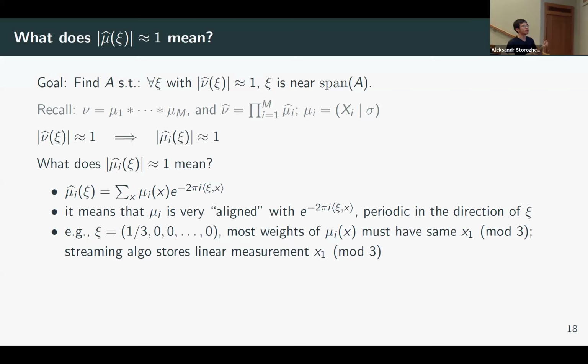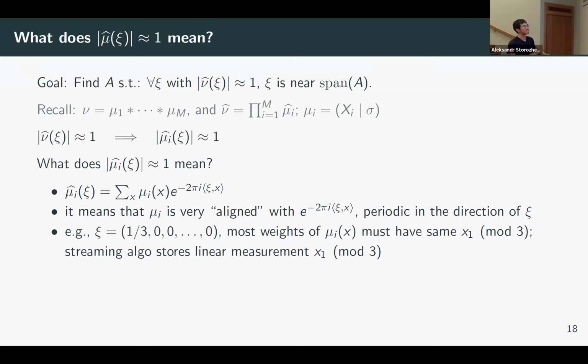Then what this means is that most of the weight of this distribution must have the same inner product with this psi mod 1. In particular, it must have the same x1 mod 3. Because now this Fourier base function is periodic in the direction of the first coordinate, and the period is exactly 3. So if we have a lot of mass on x1 equal to 1 mod 3 and also a lot of mass on x1 equal to 2 mod 3, then a cancellation will happen.